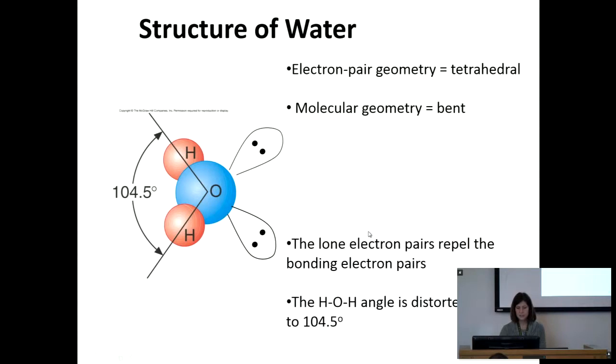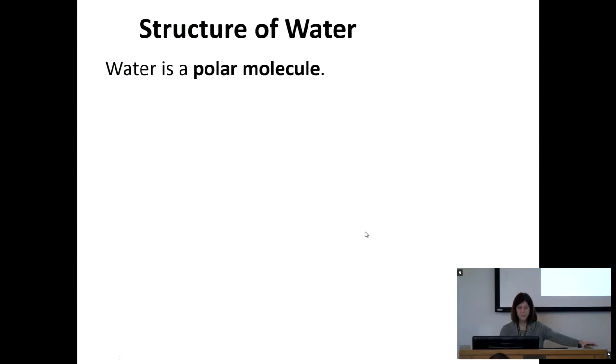So because of this geometry, it's not a linear molecule, but it's a tetrahedral shape for the electron pairs. Water is a polar molecule. What does that mean to be a polar molecule? That's right. One side is slightly positive, not positively charged. It's not ionic. Slightly positive, and one side is partially negative.